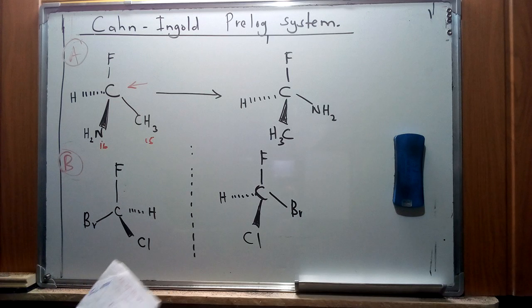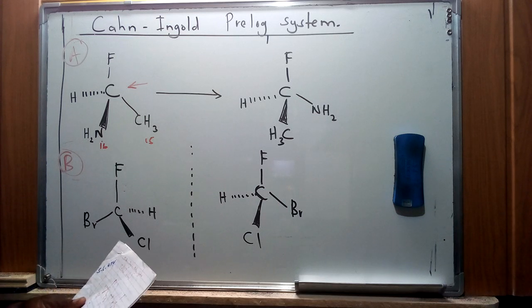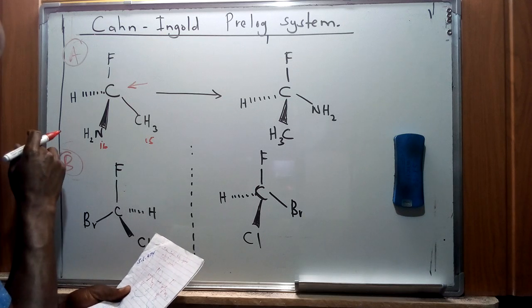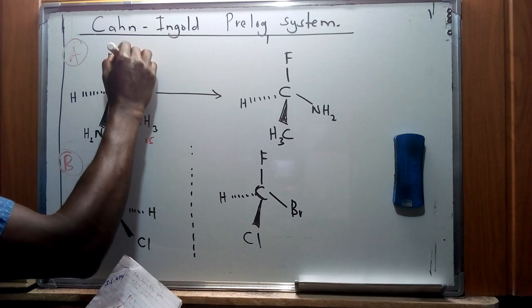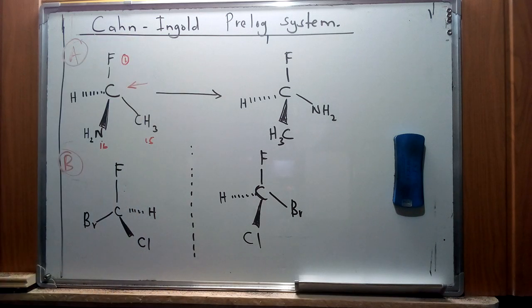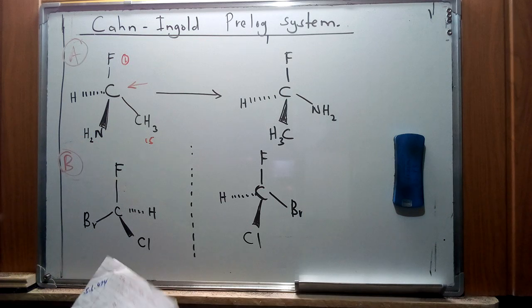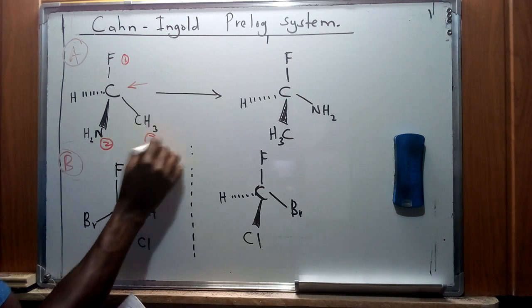So the nitrogen one is going to be heavier than that one. Now for fluorine, if we look at the periodic table, that is going to be heavier than this other. So we have that one as 1, 2, and then 3.